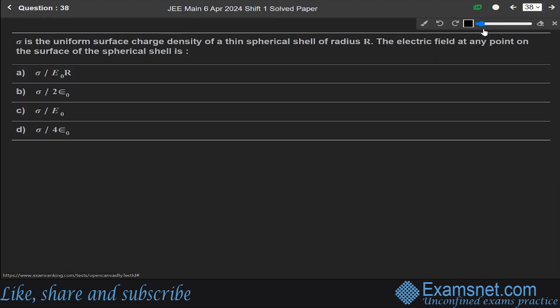Now next question 38. Sigma is the uniform surface charge density of a thin spherical shell of radius r. The electric field at any point on the surface of the spherical shell is. This question is from the chapter of electrostatics.